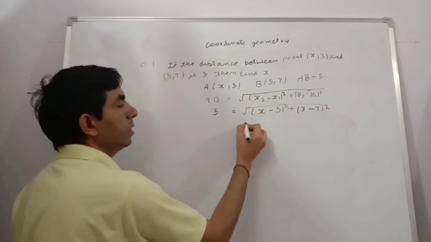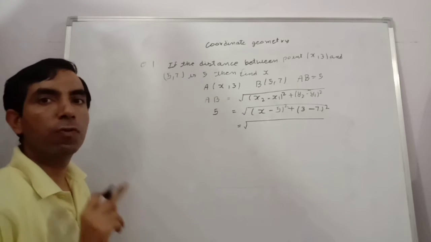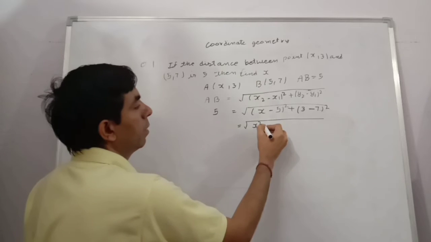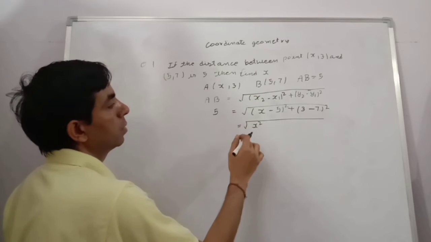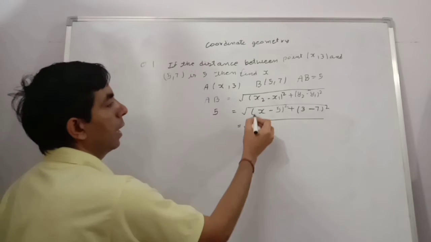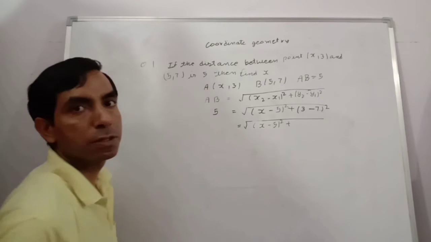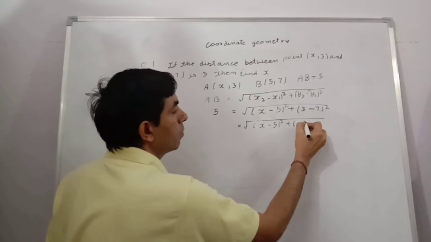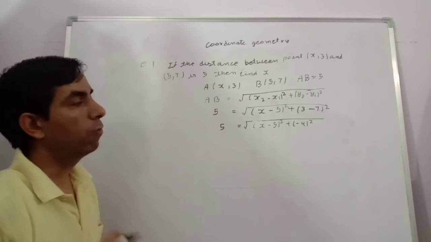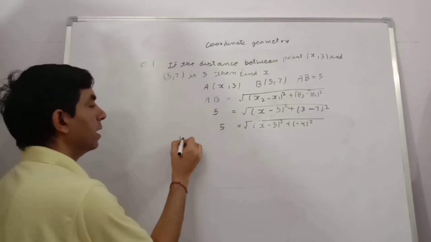Now we calculate it. We cannot solve x minus 5, so we keep the whole square as it is: (x minus 5) whole square plus (3 minus 7, which is minus 4) whole square. Then we get 5 as it is. Now, for removing the square root, we take the square.